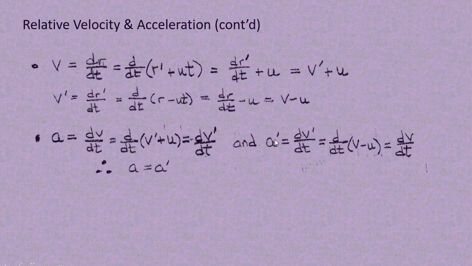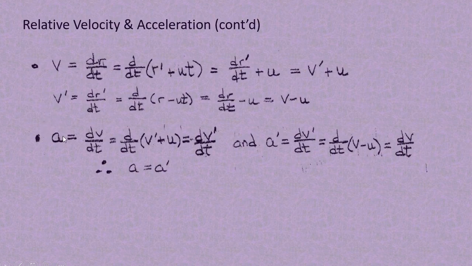And similarly, we can take a prime, and that's equal to dv prime/dt. And we can substitute our expression for dv prime, which is v minus u, and that winds up being dv/dt.